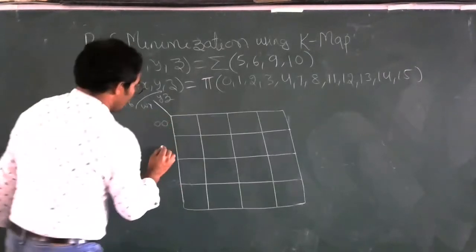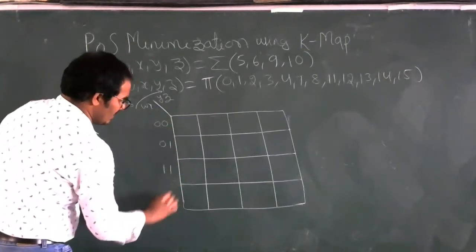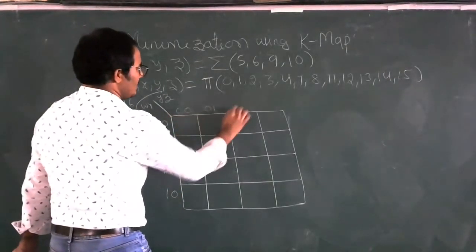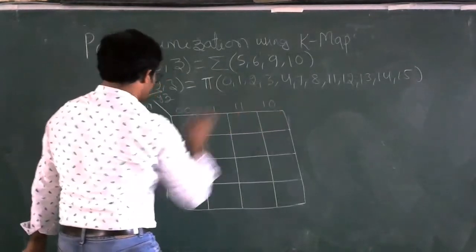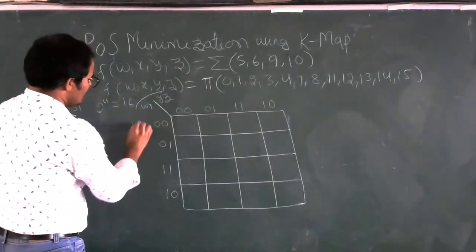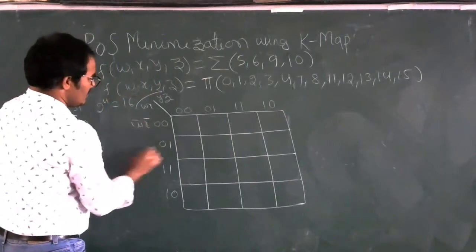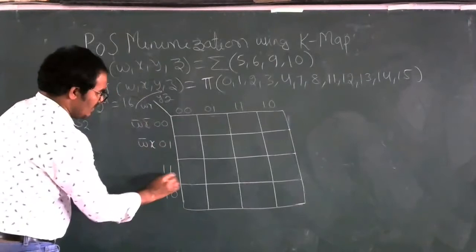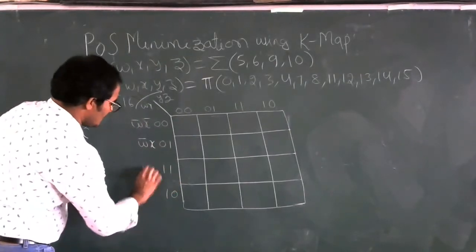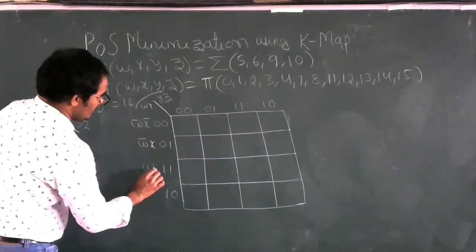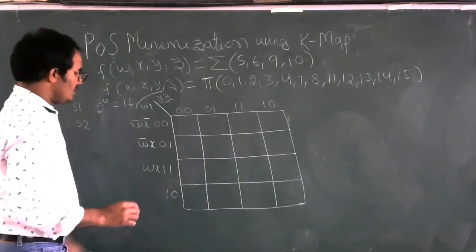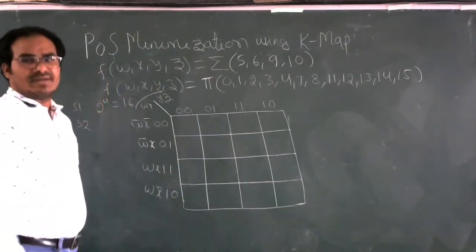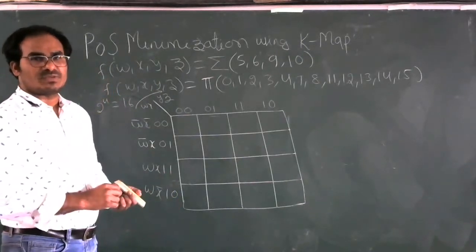Wx varies as 00, 01, 11, and 10. 00 means W bar X bar, 01 means W bar X, 11 means W X, 10 means W X bar, for the SOP form.